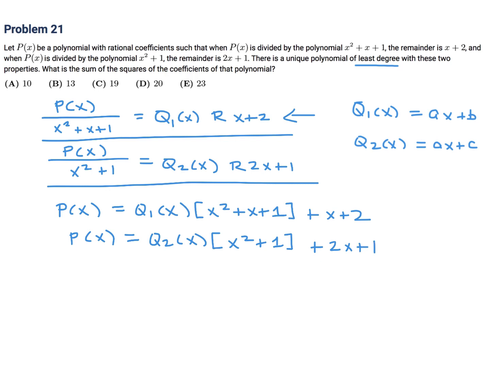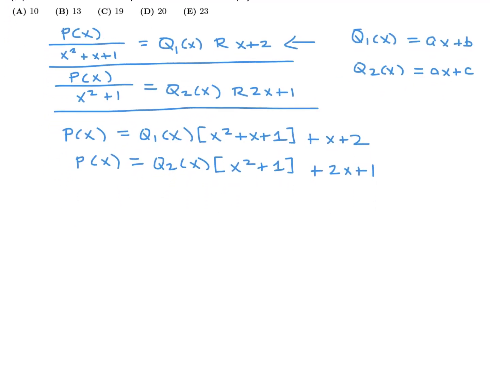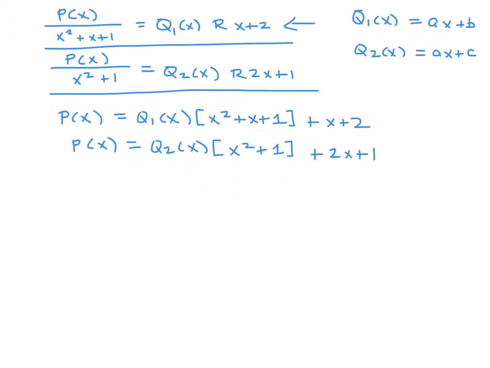I keep pointing out the least degree because that helps us concentrate on a polynomial where we have ax to the power of 1. These substitutions are just something I made to insert something for q1 of x and q2 of x.